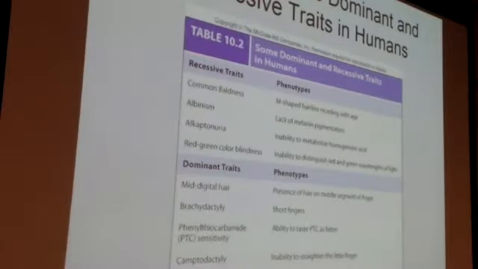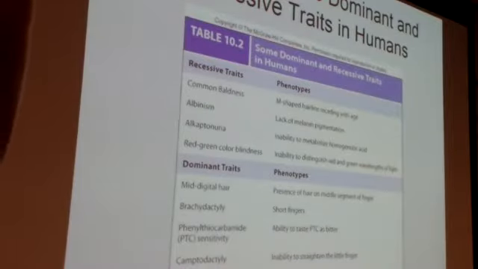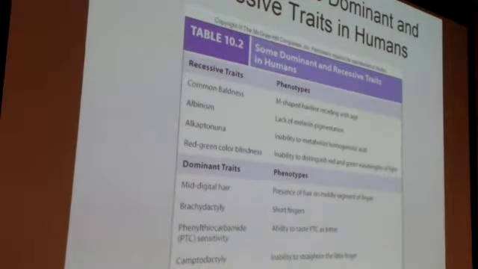Oh, they don't have it on here. There's another one that's called PKU. It's called phenylketonuria. I know on some diet sodas, it will say on the side, always in small print, attention phenylketonurics: this product contains phenylalanine.